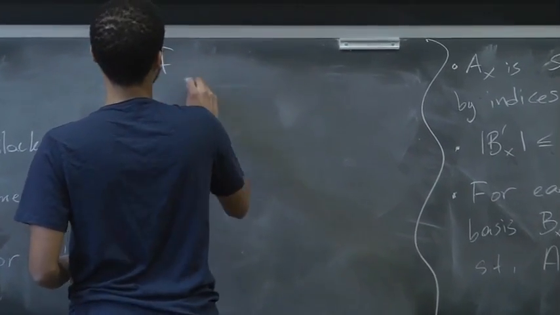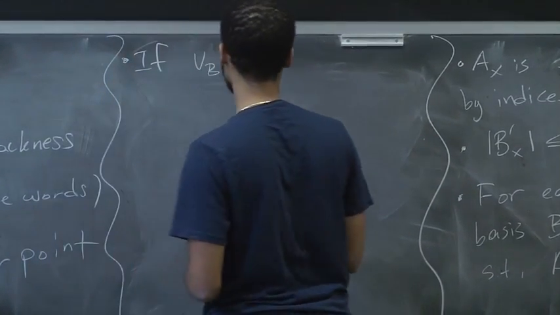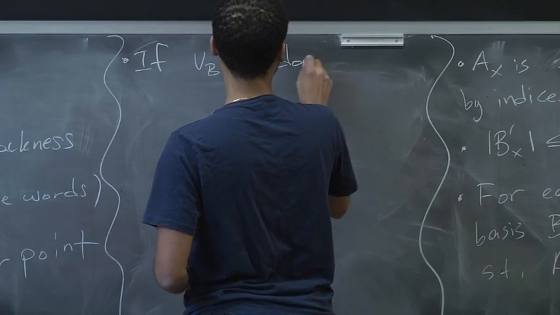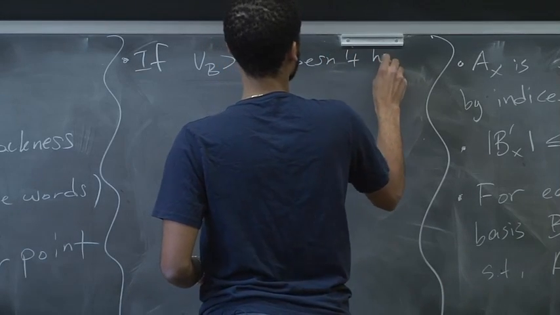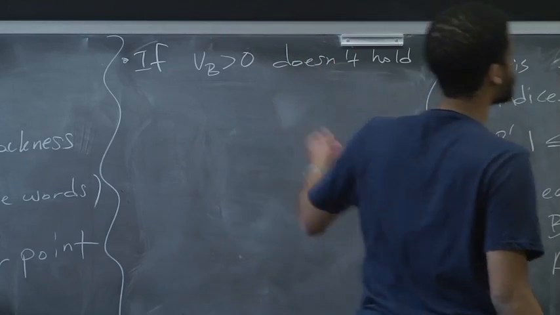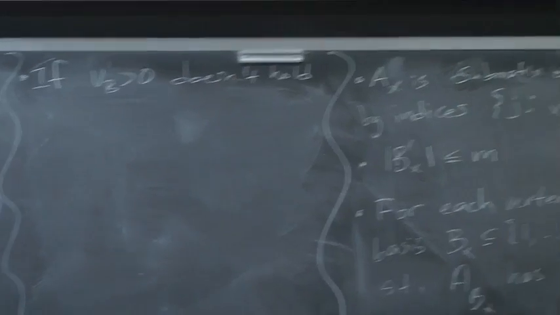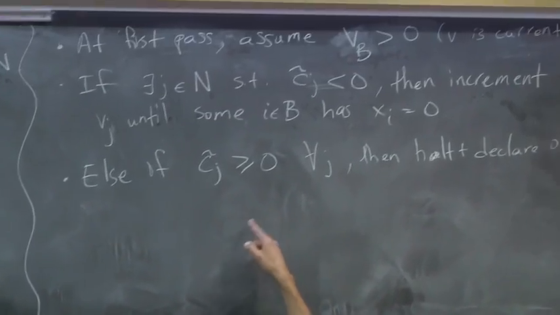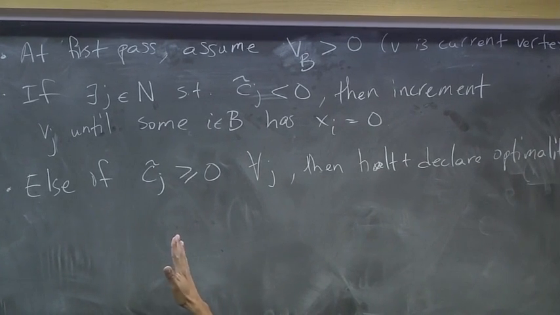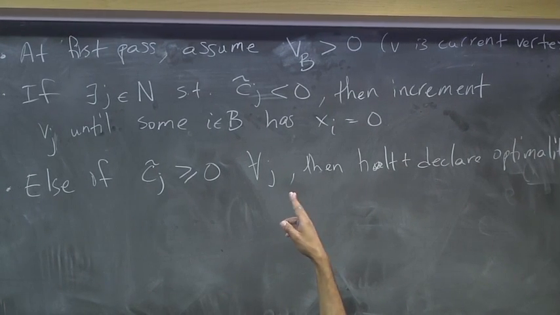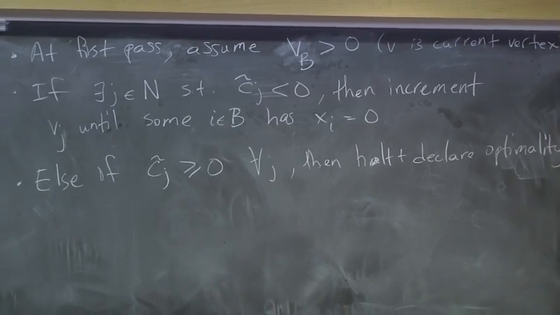So if VB greater than 0 doesn't hold, well, this case is still fine, right? If the reduced cost is not negative, we know we're still done. The problem is, what do we do if the reduced cost has a negative entry?